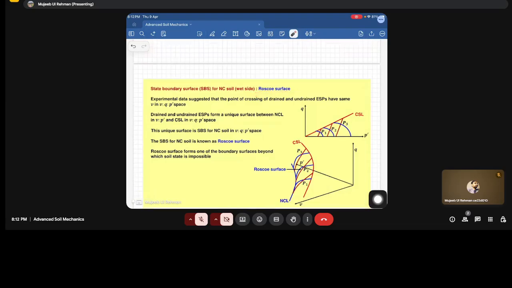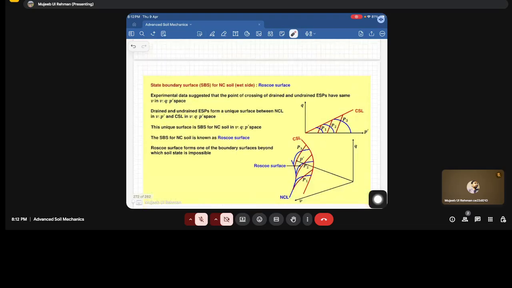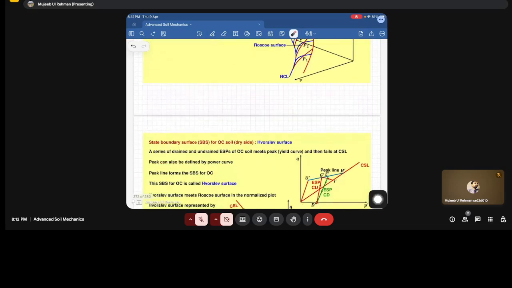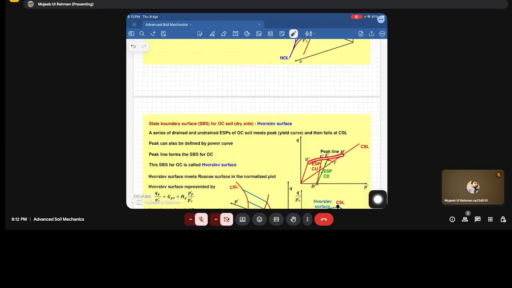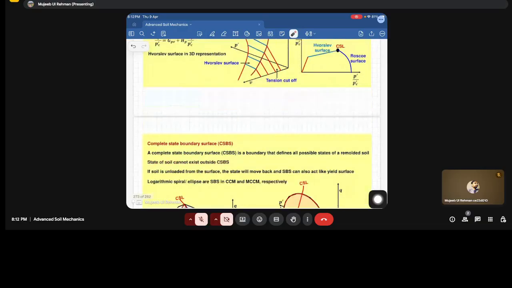Fine. And for the peak state of heavily overconsolidated soils, which is on the dry side of the CSL, we have the Hvorslev surface, and for the wet side of this critical state, we have the Roscoe surface. Fine. So we get a complete boundary surface. We have the tension cutoff.